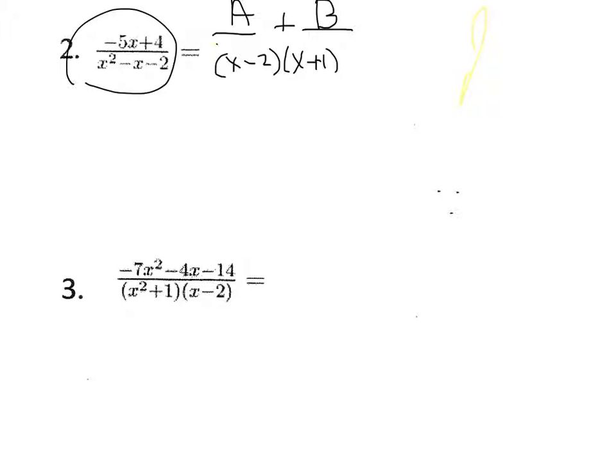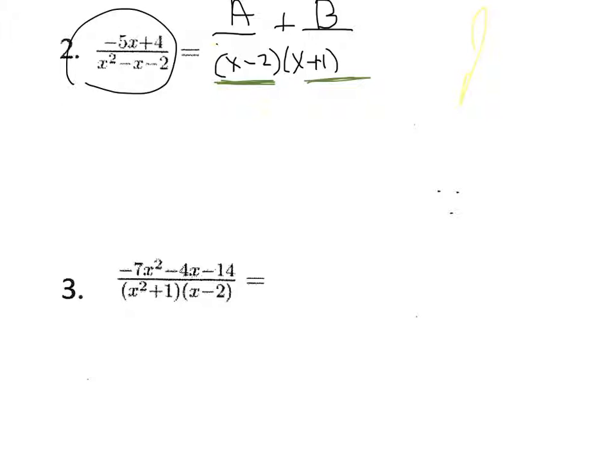Now you have to go through the process. If I was going to get a common denominator, what would I do? You would multiply the first fraction by x plus 1, and the second fraction by x minus 2.